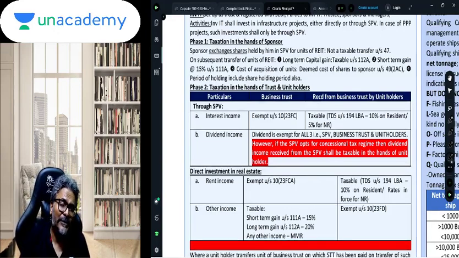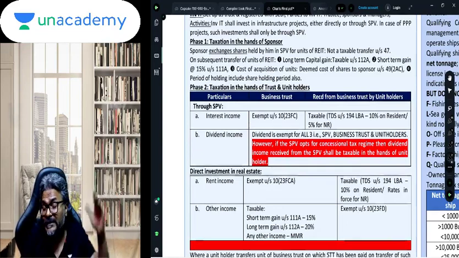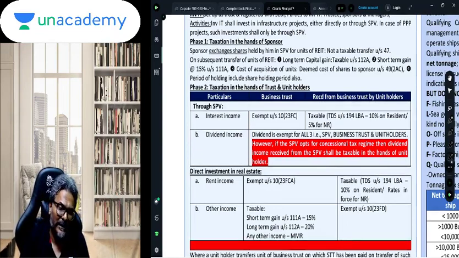They will get lease charges or rent as the case may be. Then such rent or lease charges so received by the SPV, so received in this particular context by the REIT, again that rent income is not assessable in the hands of the REIT, but the pass-through status would be made available. That is to say, it will be taxable in the hands of the unit holder.